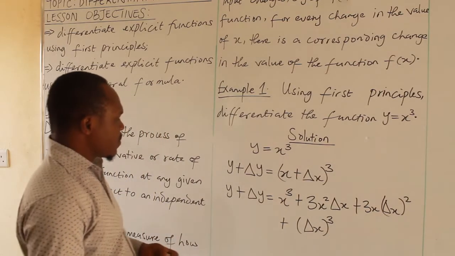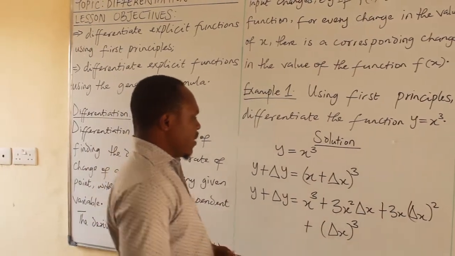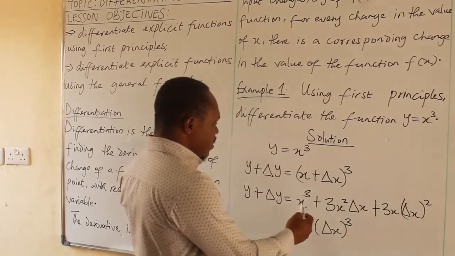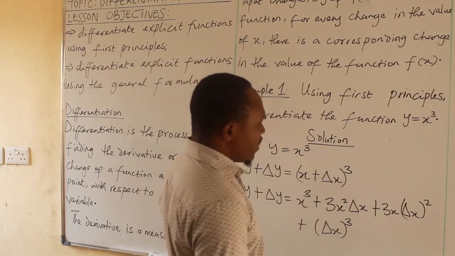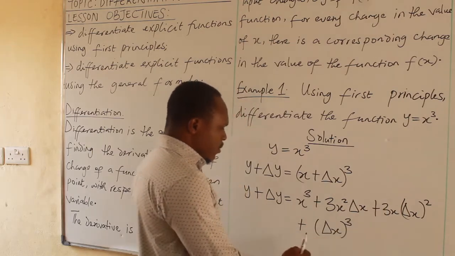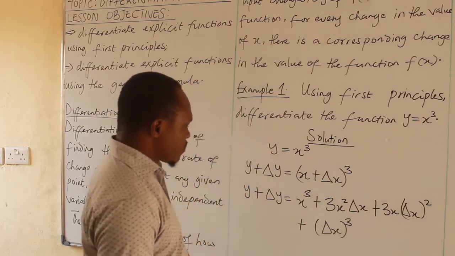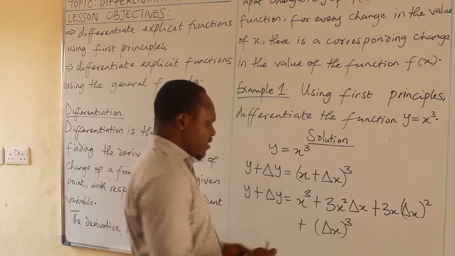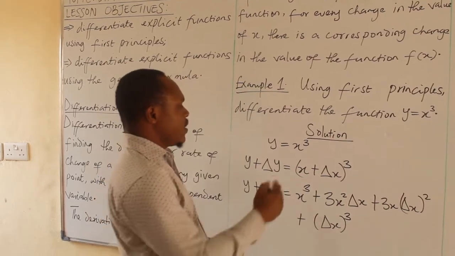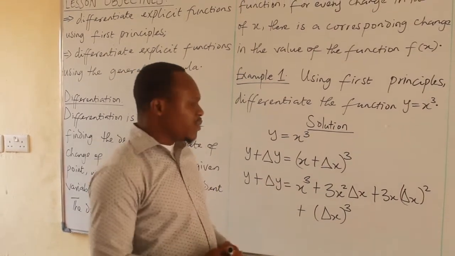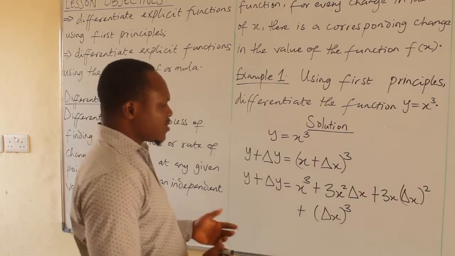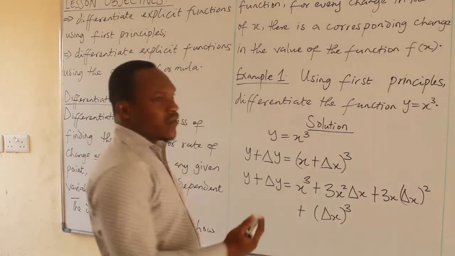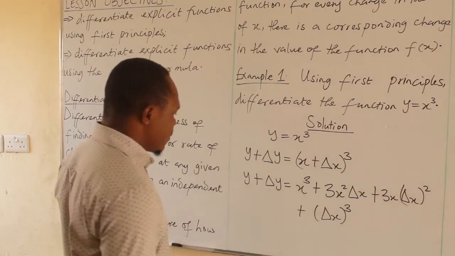I repeat, y plus delta y is equal to x cubed plus 3x squared delta x plus 3x delta x all squared plus delta x all cubed. Everything on the right hand side is equal to x plus delta x all raised to power 3. Next, we find a way to collect like terms.